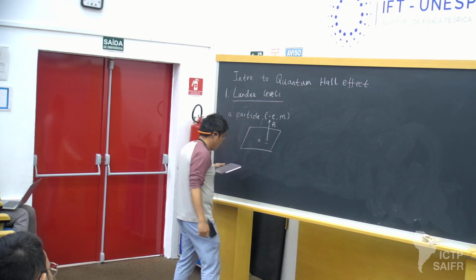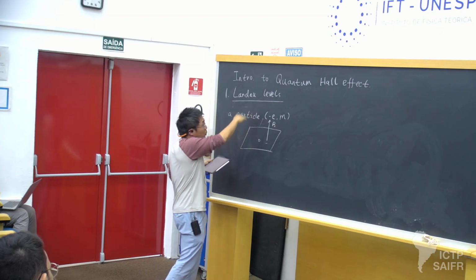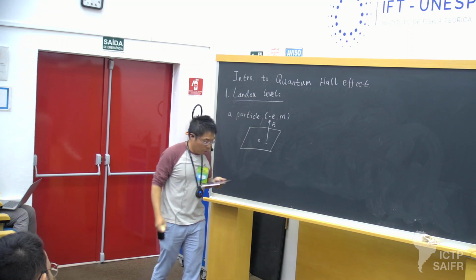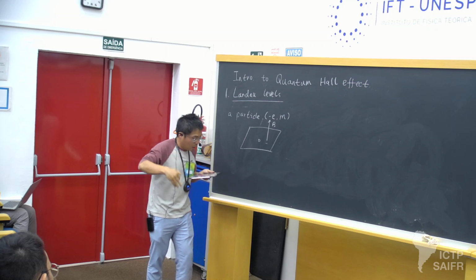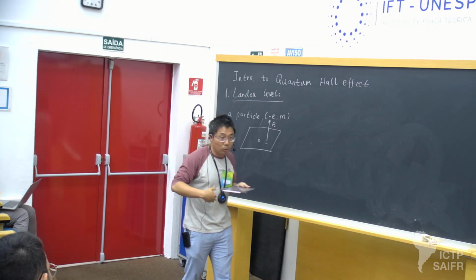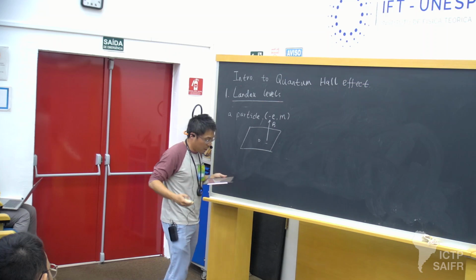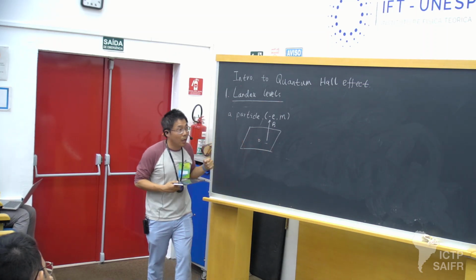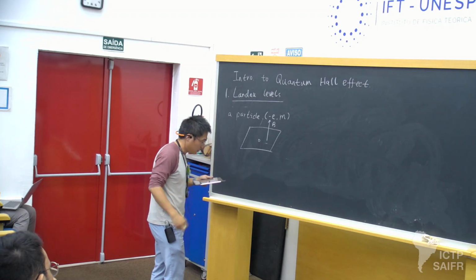And the solution of this problem is called Landau levels. So I will explain those Landau levels and what the physics of Landau levels is in this and probably the next lectures. And that's really the important starting point to understand both the integer quantum Hall effect and the fractional quantum Hall effect.